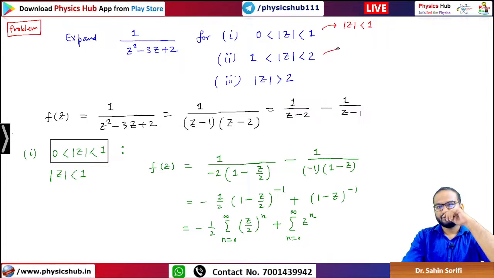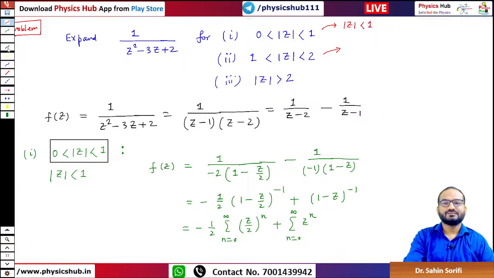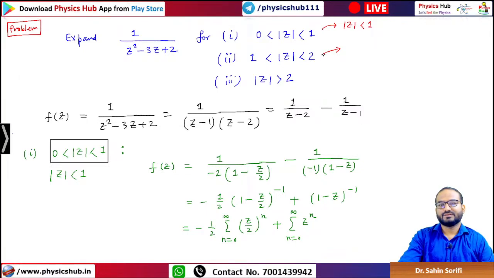What is the condition you are getting from here? Mod z greater than 1 and mod z less than 2. These two conditions we can obtain from here.